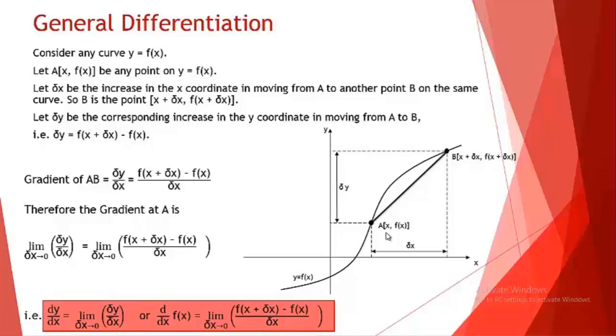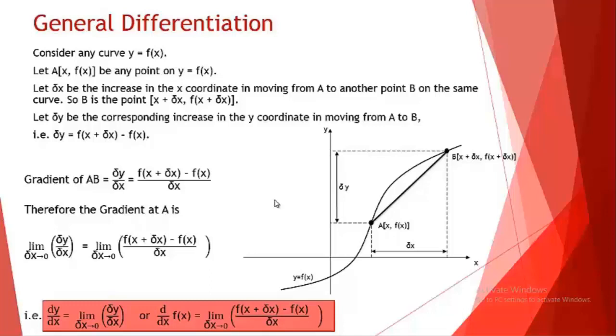So the gradient of AB equals the increase in y over the increase in x, which equals delta y over delta x. So delta y over delta x equals f of x plus delta x take away f of x, over delta x. Therefore, the gradient at A is the limit of delta y over delta x as delta x goes to 0, which equals the limit of f of x plus delta x take away f of x over delta x as delta x goes to 0.